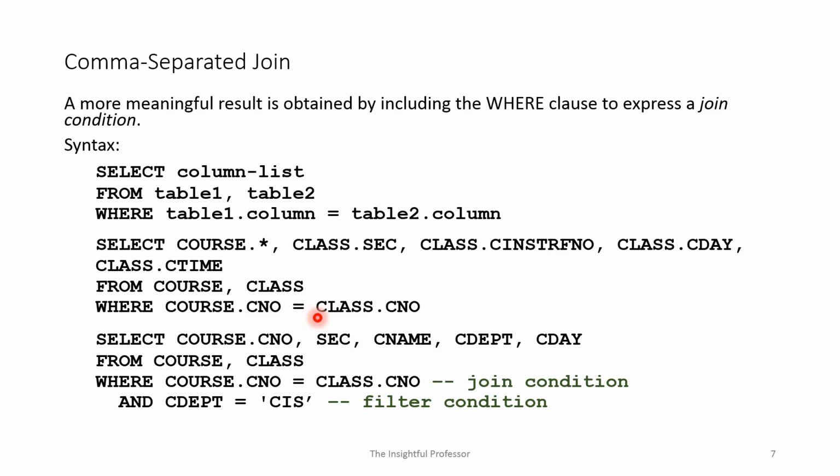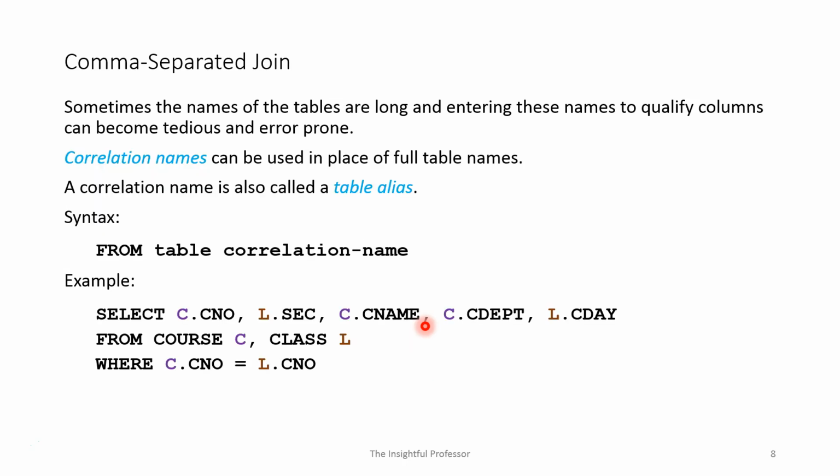It is necessary to say the CNO in the course table or the CNO in the class table, and you must qualify it in some way to identify which instance of CNO you're talking about when the column names are common. It's good practice to qualify all of the column names, but strictly speaking, it's not required.